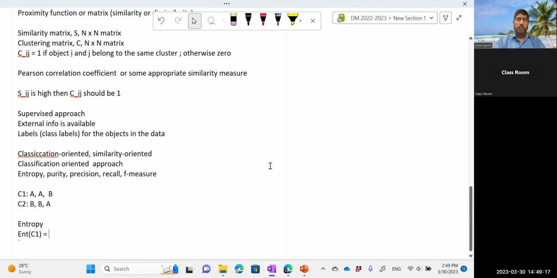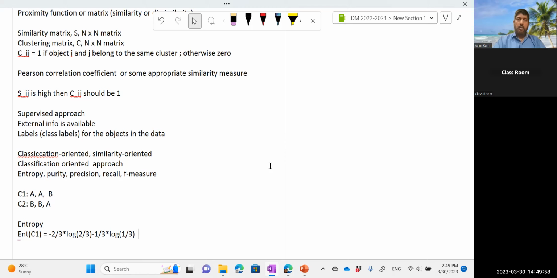So cluster one में आपके पास दो objects हैं, एक class के और एक object दूसरे class का. तो entropy would then be, जैसे entropy का formula होता है, -2/3 into log 2/3, then -1/3 into log 1/3. ठीक है ना. ये इसकी एंट्रोपी एक क्लस्टर की आ जाएगी. इसी तरह क्लस्टर टू की भी आ जाएगी. उसकी भी बाय द वे यही है, उसमें दो बीज हैं और एक ए है. तो वो भी -2/3 एंड -1/3 होगी.